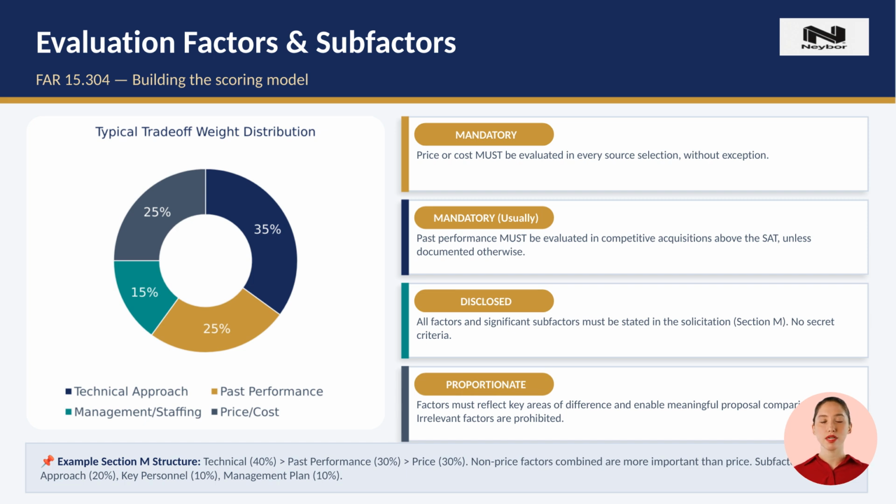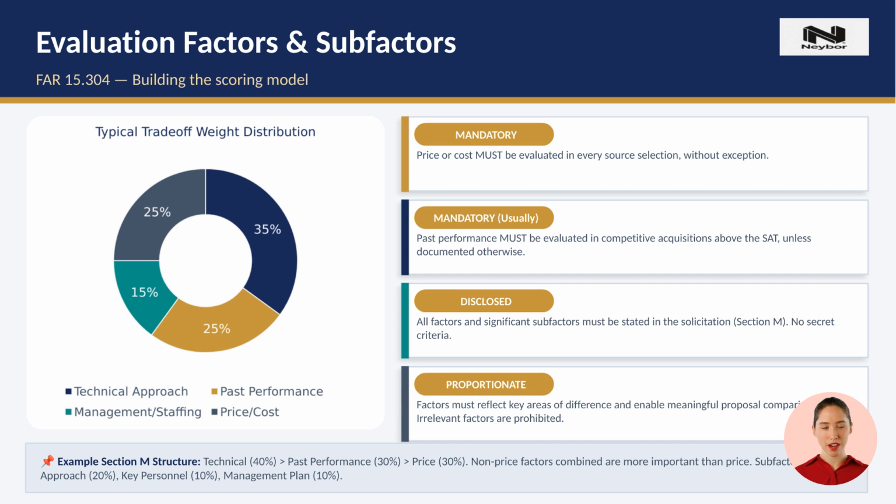Section 15.304 is the heart of evaluation design. The government must identify evaluation factors and significant subfactors that reflect the key decision areas, and it must tell offerors in the solicitation, in Section M, exactly how they will be judged and the relative importance of each factor. The pie chart shows a typical trade-off weight distribution.